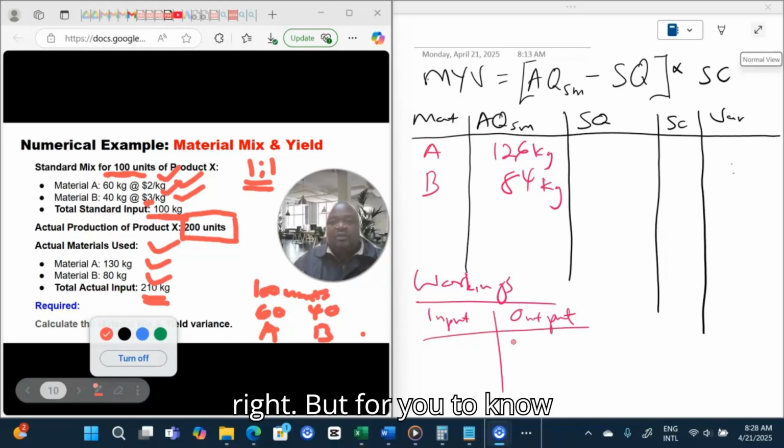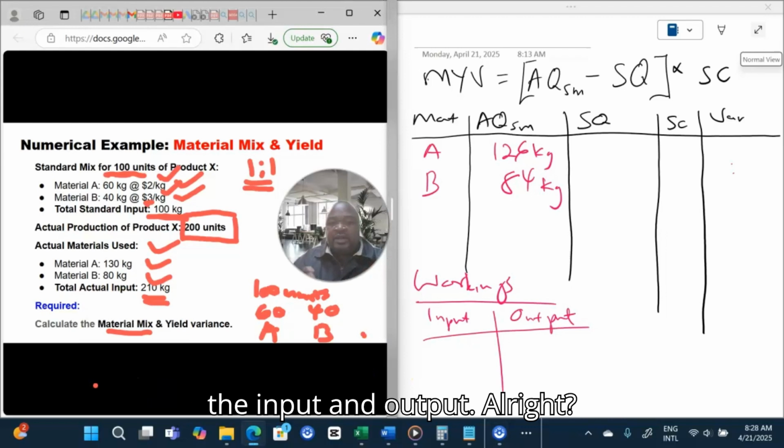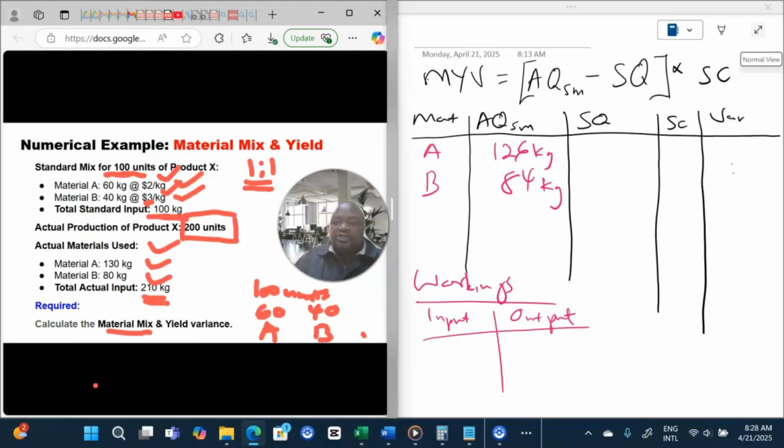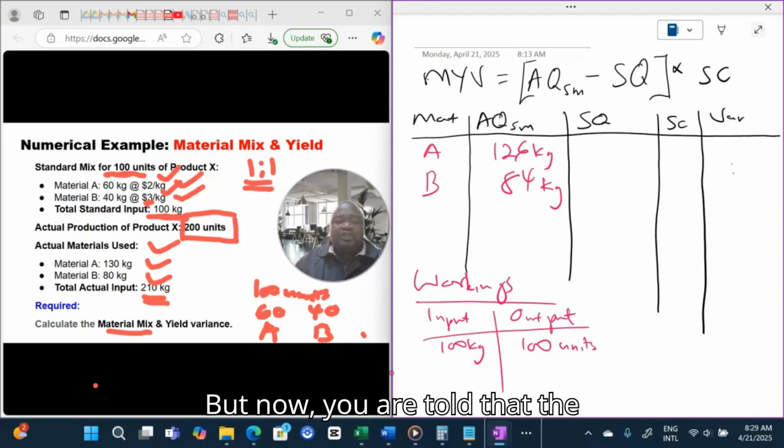But for you to know that, you need to know the input and output. So the input information for 100 kgs was that you input 100 kgs and the output was 100 units. But now you are told that the output was 210 units.